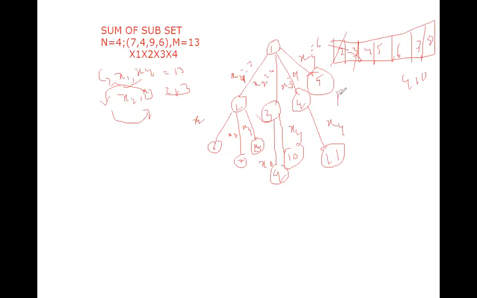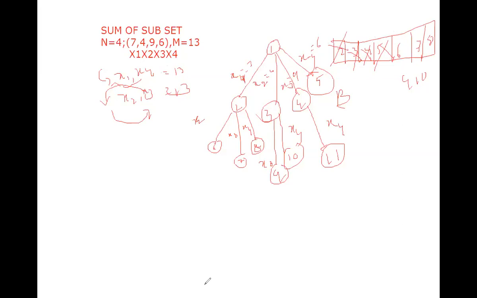So here the bounding function occurs. After 4, I consider 5. We do not need to expand 5 because after that there are no elements. This is the bounding function because we got the solution 13, but here the sum is only 6. So we get the bounding function here. Okay, clear students?